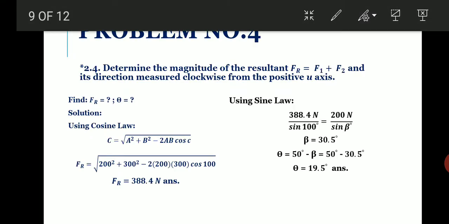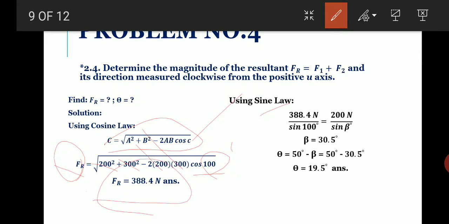So we have here cosine law, C squared is equal to A squared plus B squared minus 2AB cosine C. So we get this angle 100 degree, and the opposite side of the triangle is Fr. We have the given sides of 200 and 300. Now we get the resultant force of 388.4 Newton.